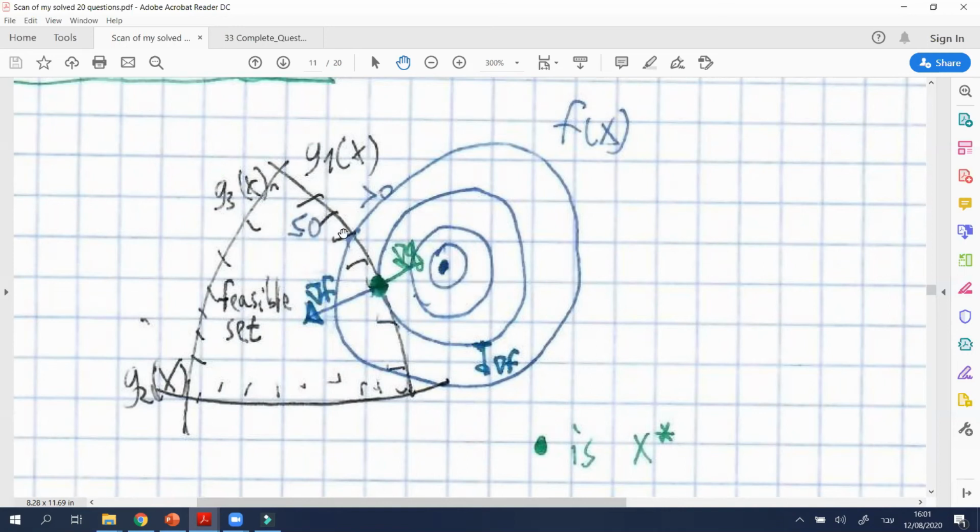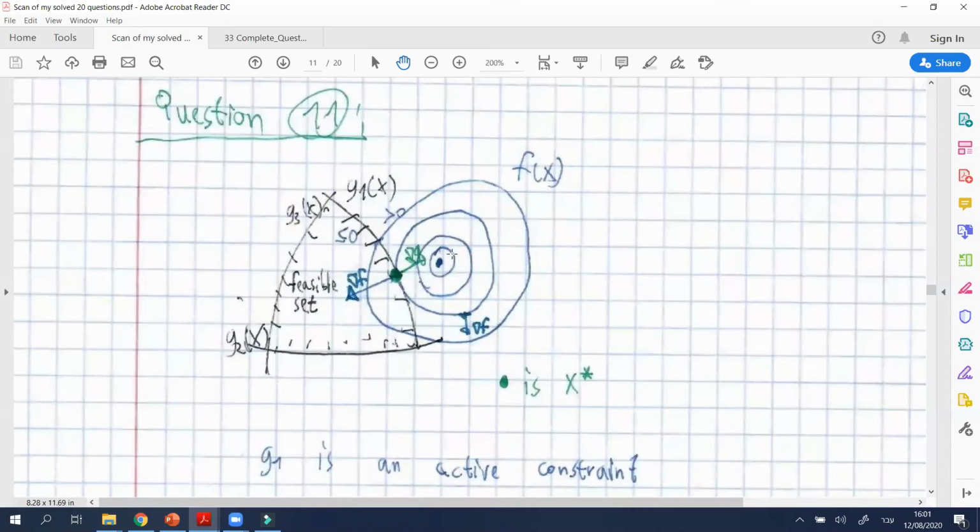But we have constraints, and we will now talk about those constraints and how to find a solution from the feasible set. So we can see graphically that this would be the solution of the problem. It touches this level set, and the gradient has to be going outwards. But as for G, the area outside of this curve, which is the level set of the G1 function, is positive, and this is negative.